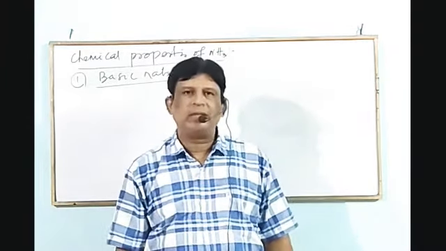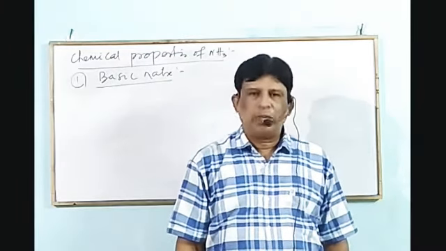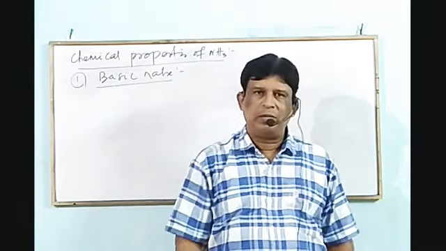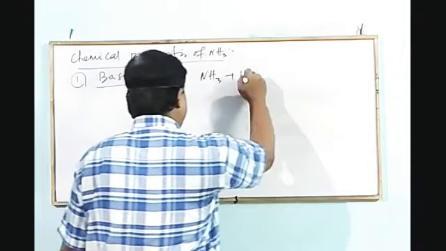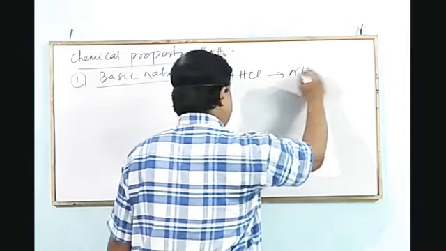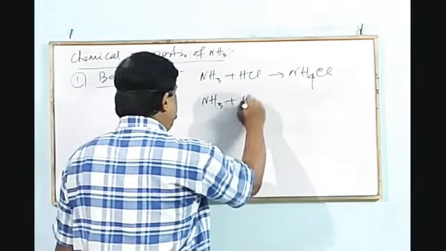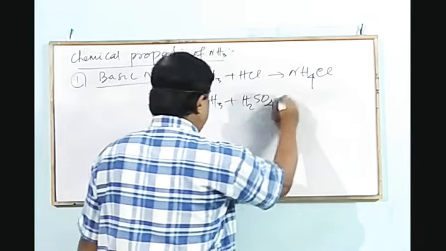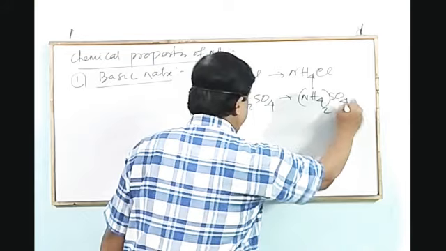As it is basic, it combines with acid, resulting in the formation of salt. Mark that. NH3 plus HCl give rise to NH4Cl, ammonium chloride. NH3 plus H2SO4 give rise to ammonium sulfate.